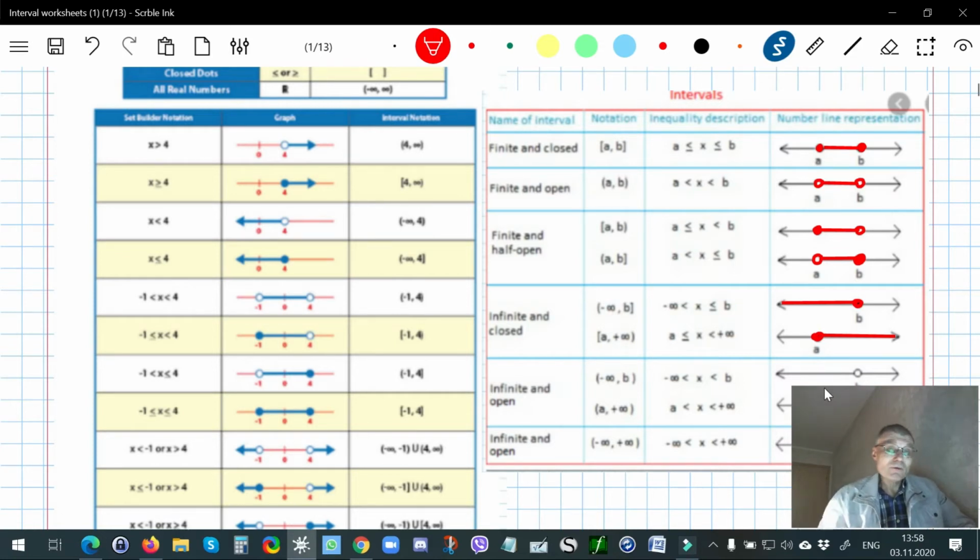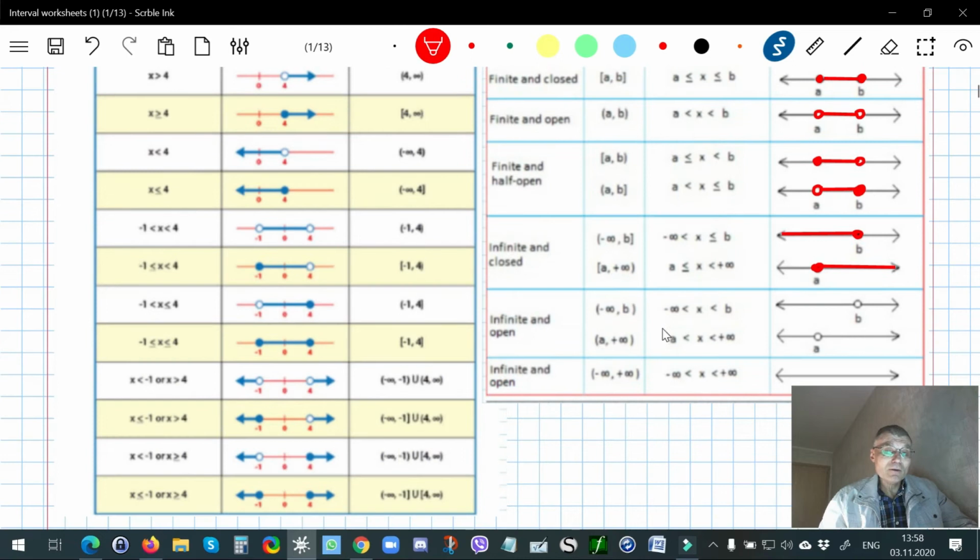So the same can be done differently. Both ends could be open. Infinity, as I said, is always open, but B is our choice, either closed or open. And here B is open. It means I just draw a circle.